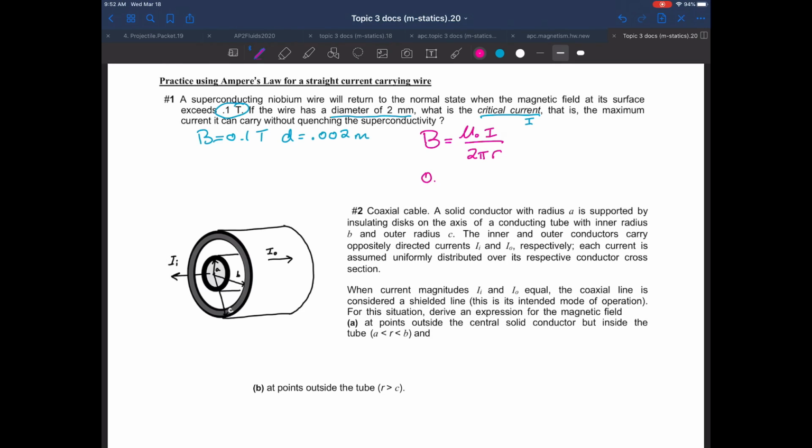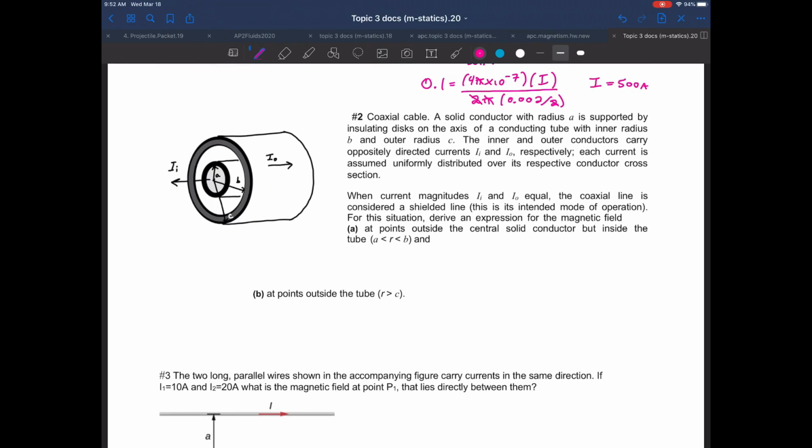So we have 0.1 equals mu naught, which is always the same number and can be found on the previous page, 4 pi times 10 to the negative 7th, times our current I, divided by 2 pi and our radius, so take our diameter over 2. As we begin to simplify, these 2's cancel, so do these pi's. Then we can solve for I, and I get a current of 500 amps.